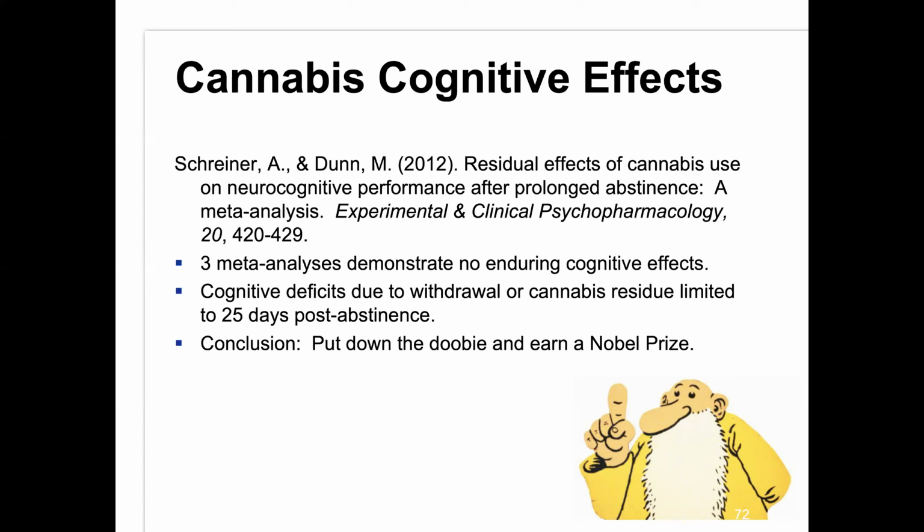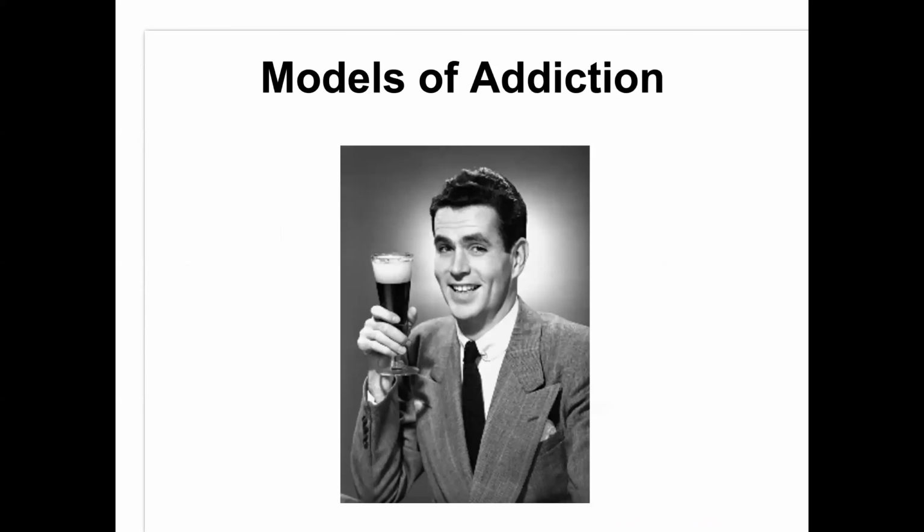The so-called cannabis-related amotivational syndrome and related executive cognitive function deficits likely either predated the cannabis use or are signs of another cognitive or psychological disorder. In other words, put down the doobie and earn a Nobel Prize.